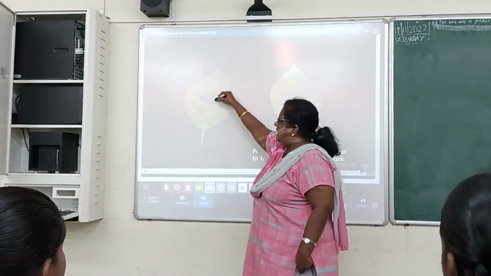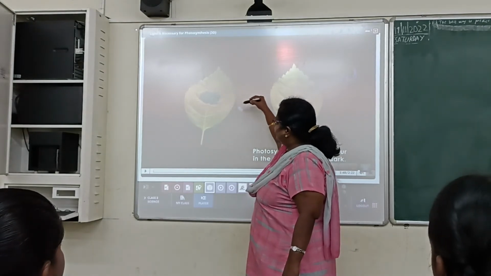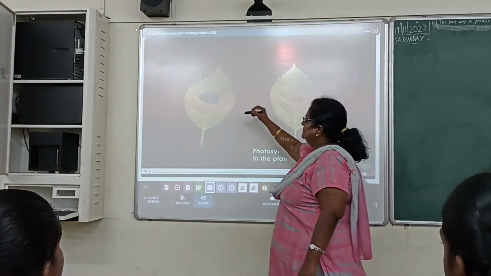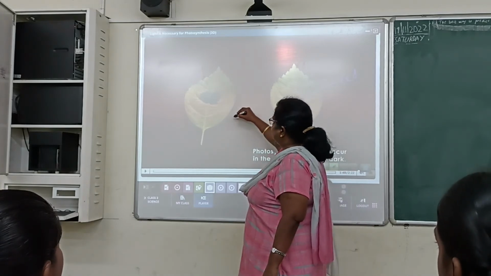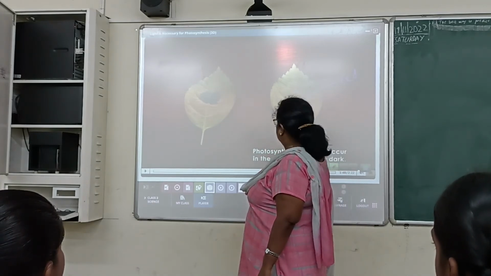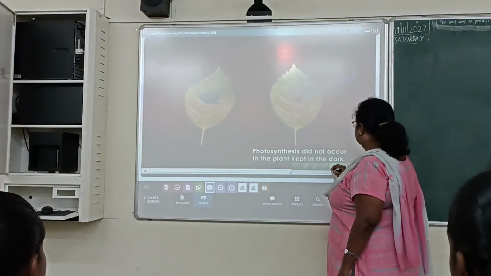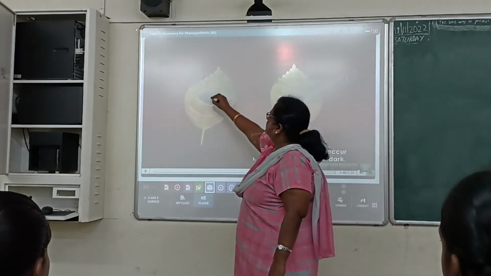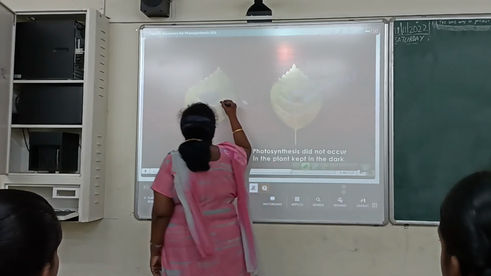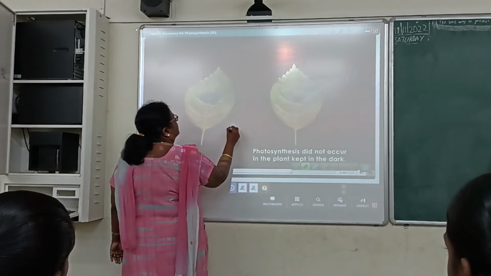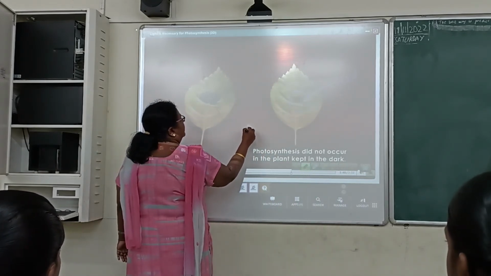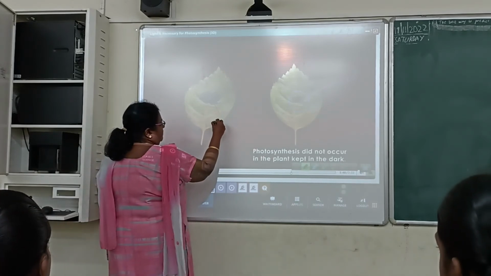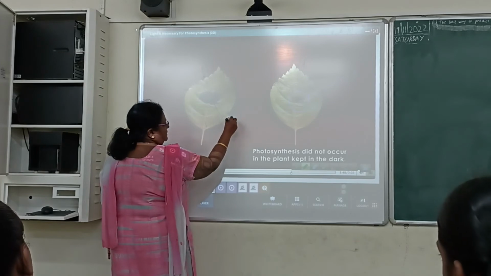But whereas here, iodine has reacted with starch. Okay. So here there was starch and so it reacted, so iodine turned black. Now you understood?